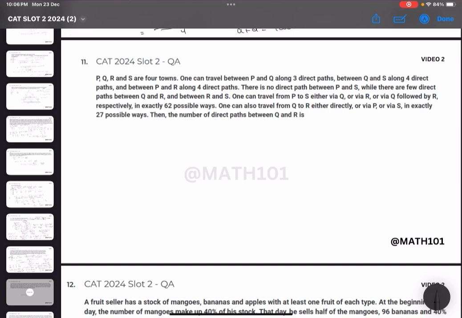P, Q, R and S are 4 towns. One can travel between P and Q along 3 different paths, between Q and S along 4 direct paths. 3 and 4.